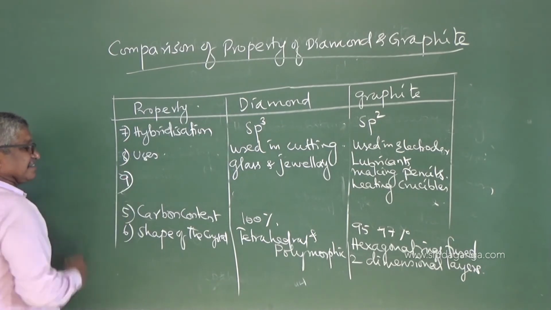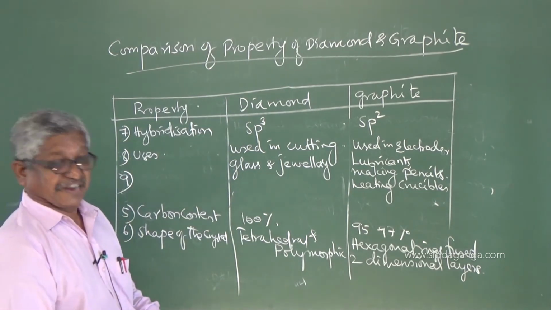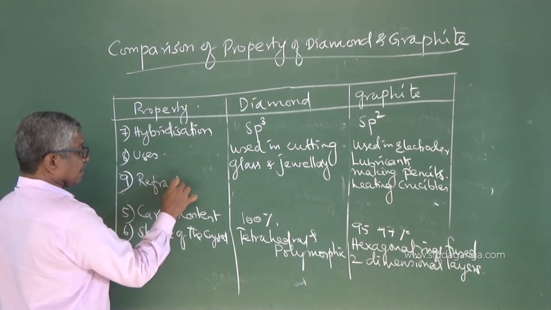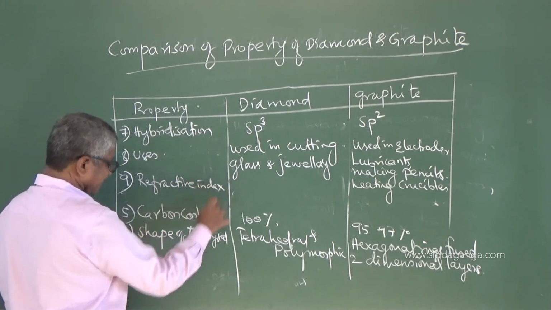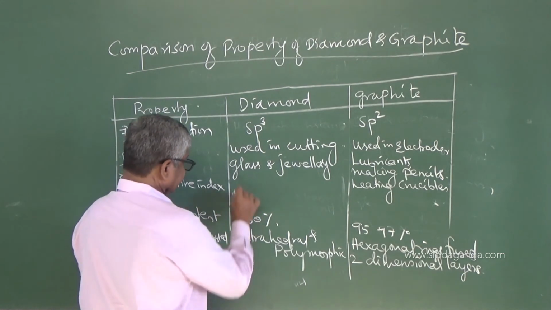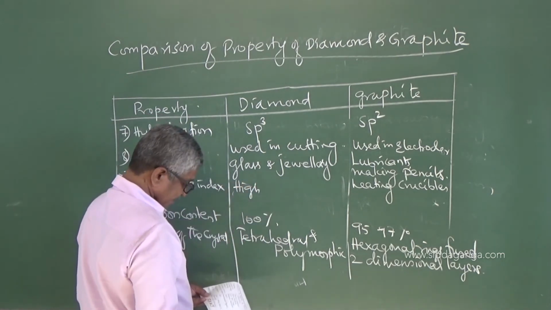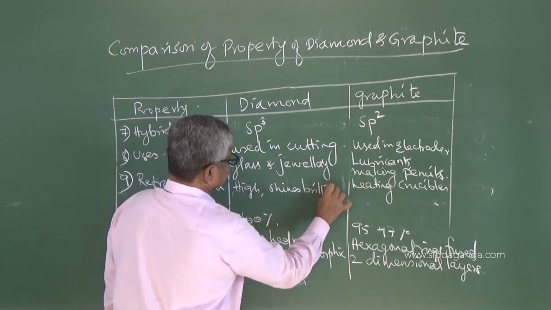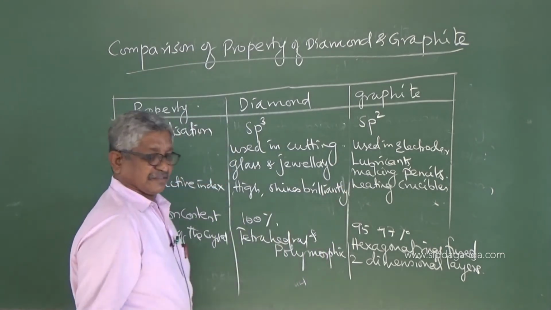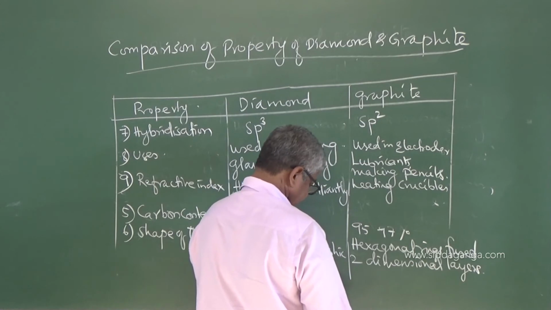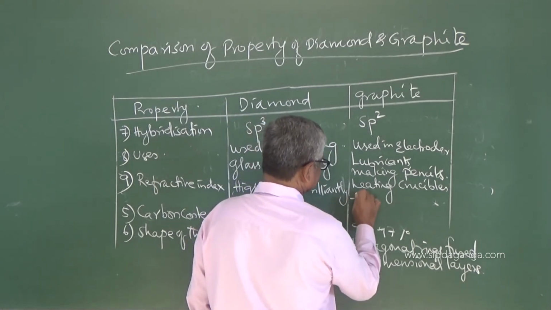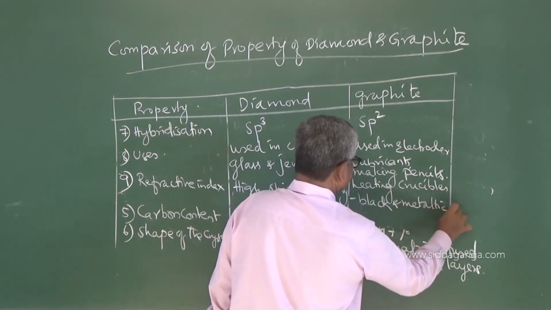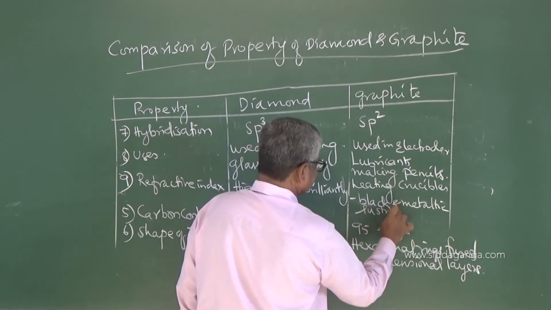Next, the difference in properties of diamond and graphite is refractive index. Refractive index is high for diamond and it shines brilliantly, while graphite is black with a metallic luster.